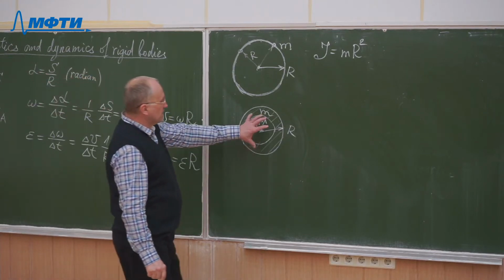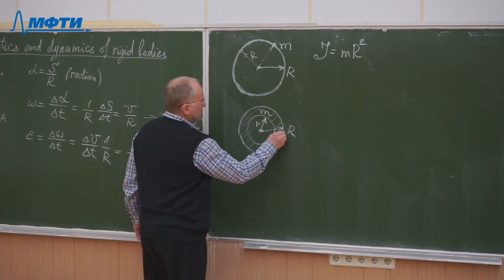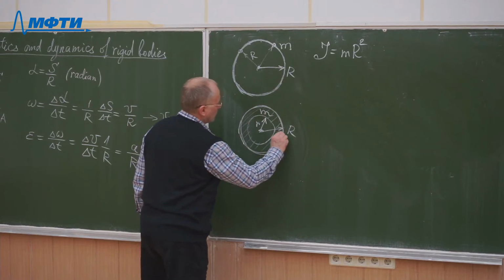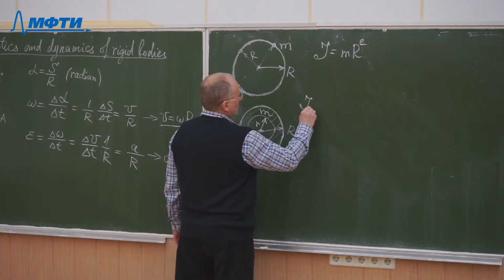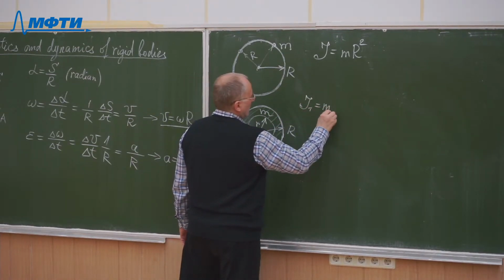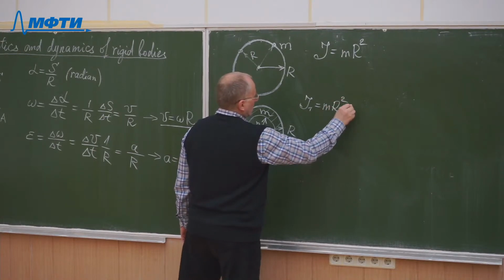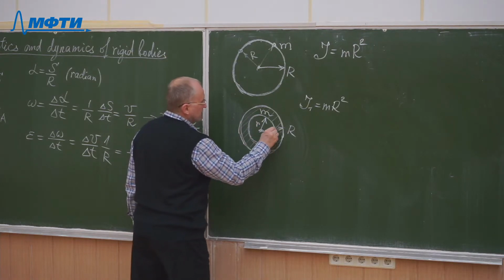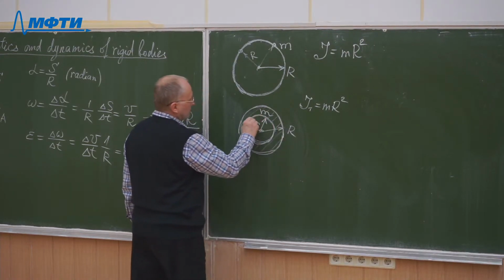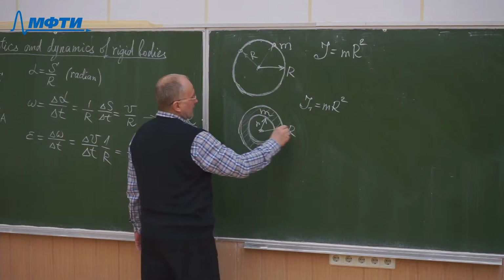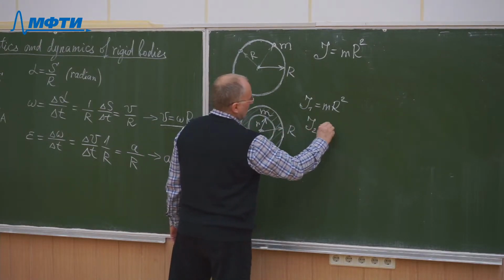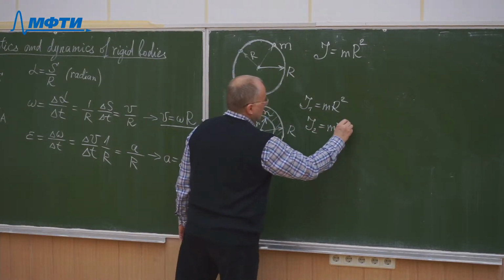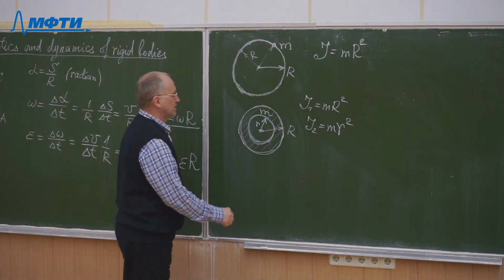And all the mass m is distributed in this area. Well, if the mass was all distributed along the larger circle of radius R, then the moment of inertia would be mR squared. If all the mass was distributed along the smaller circle, then the moment of inertia would be the same mass times small r squared.